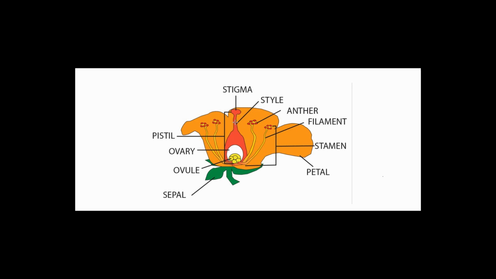This slender structure here is what we call the style. This structure, ovule, ovary, stigma, style, belongs to the female part of the flower termed the pistil.